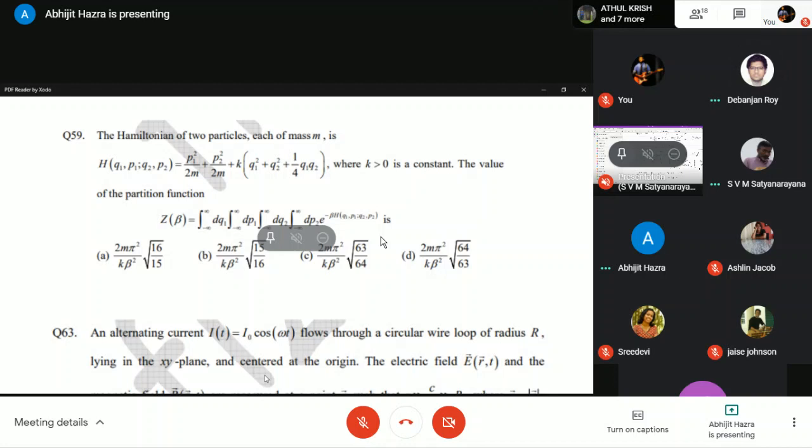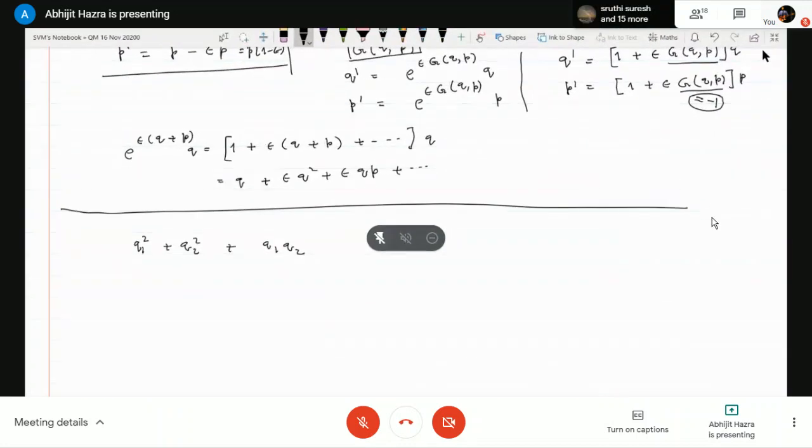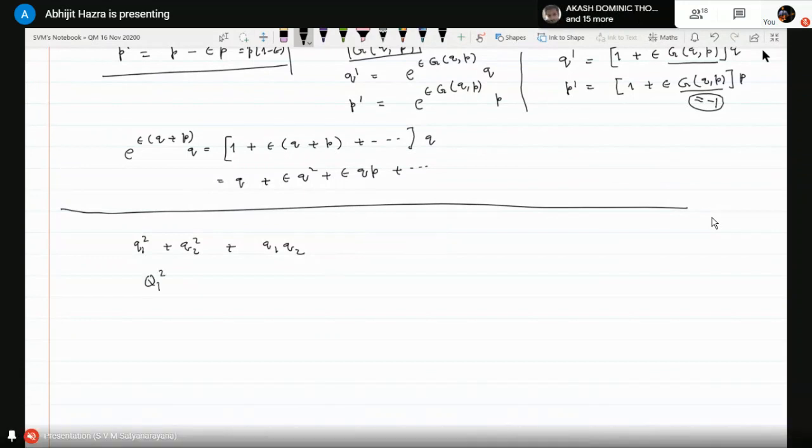I think when we discussed the equipartition theorem, I told you that any quadratic Hamiltonian can always be written in terms of squares, something like q square plus q square.